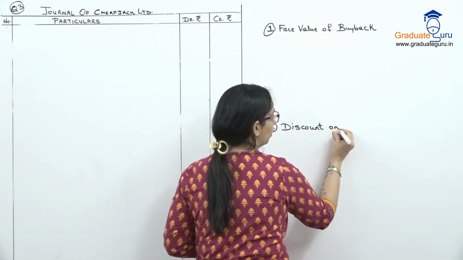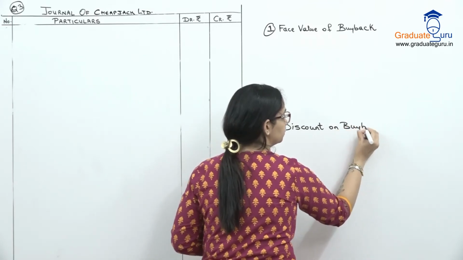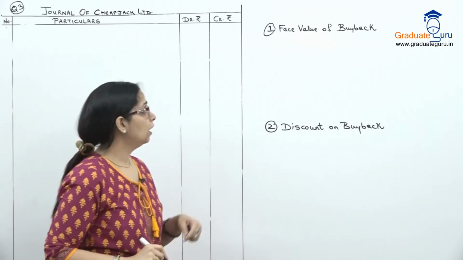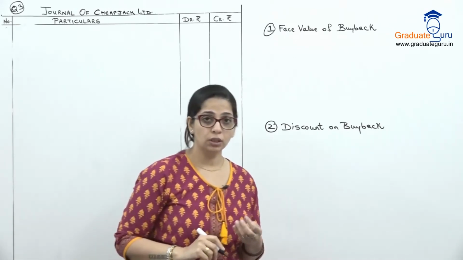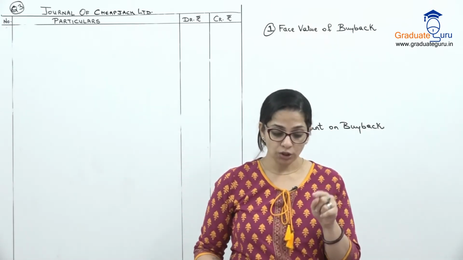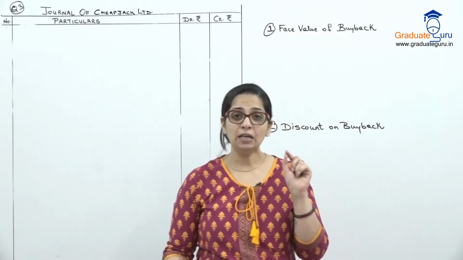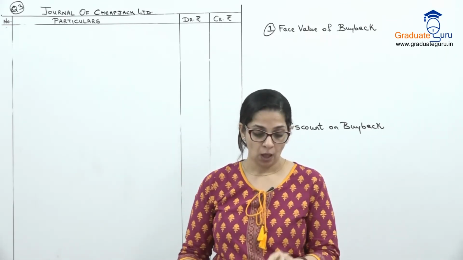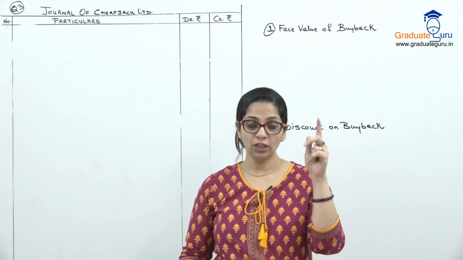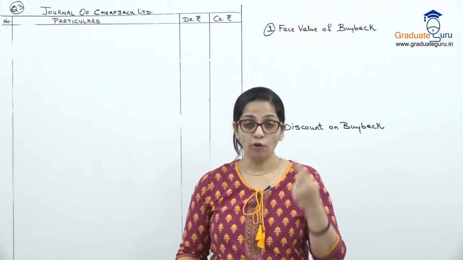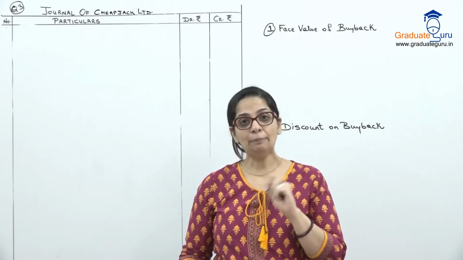So discount on buyback. Okay. Now what have they said about the amount of face value? The company wants to buy back 15% of its equity shares. And earlier they have given us that the equity shares are 8,000. 8,000 equity shares of 100 each, 80 paid up.